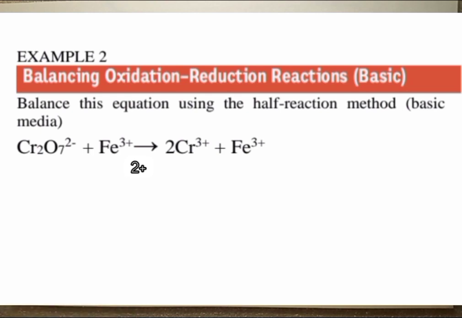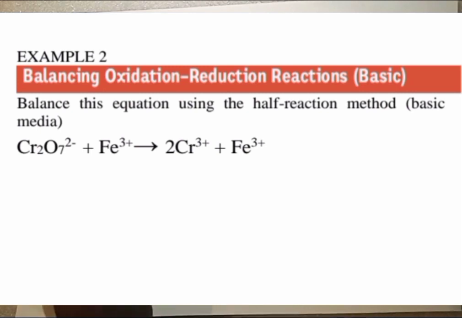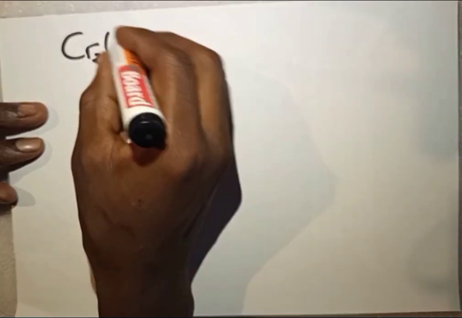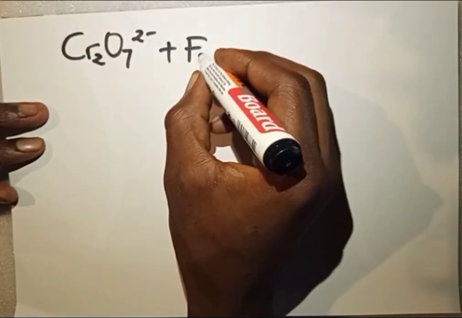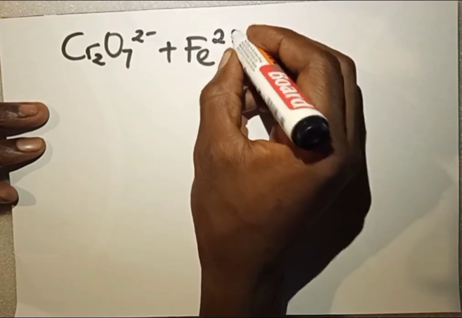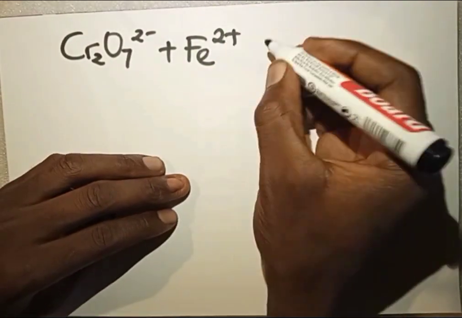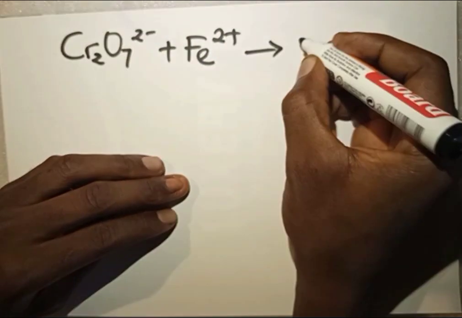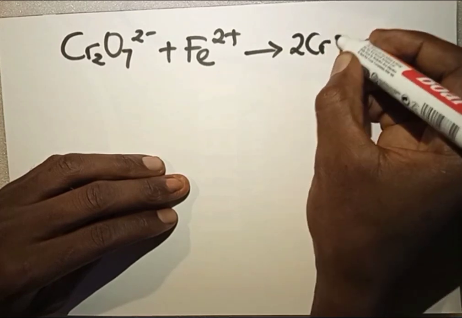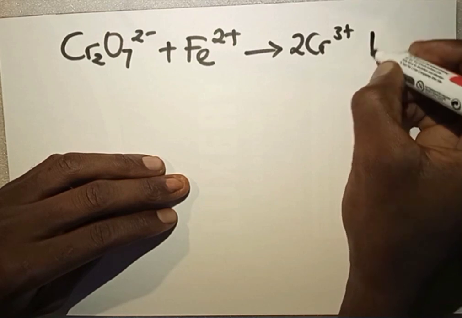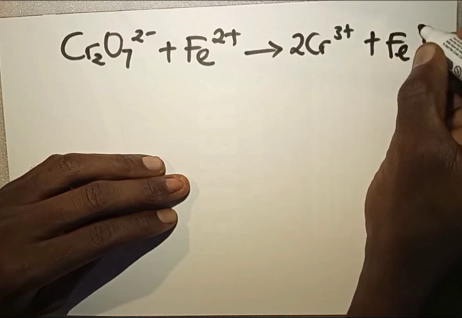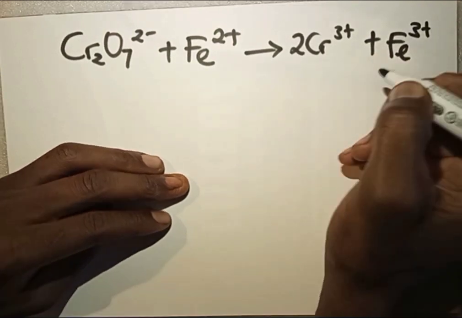So we have, you're given this equation, plus iron 2. All right.